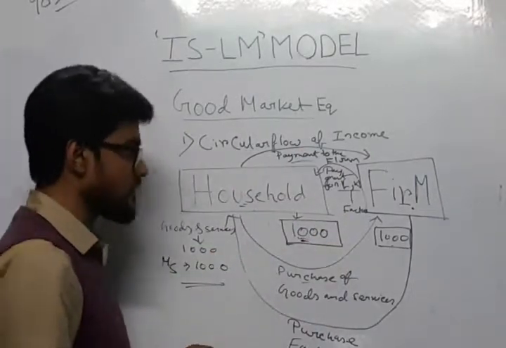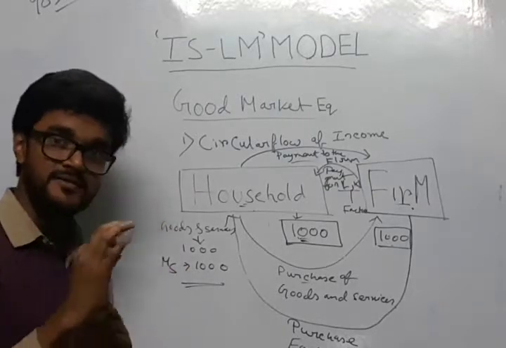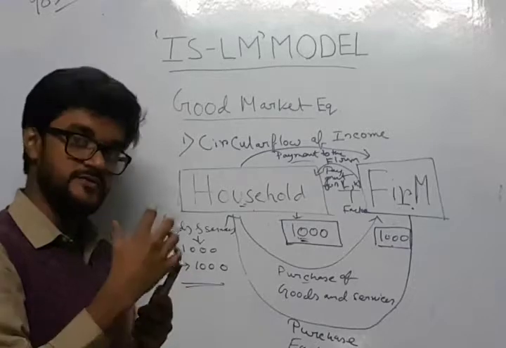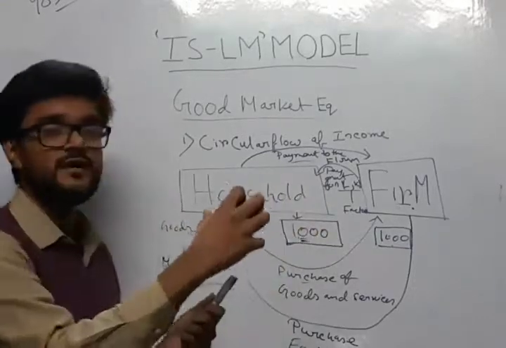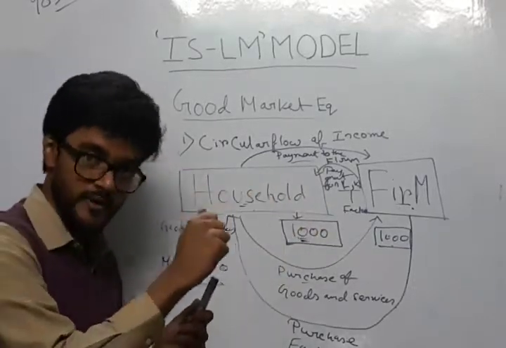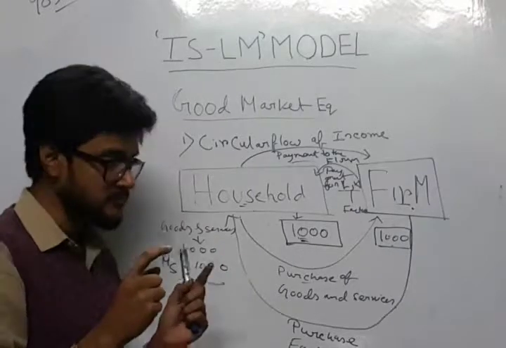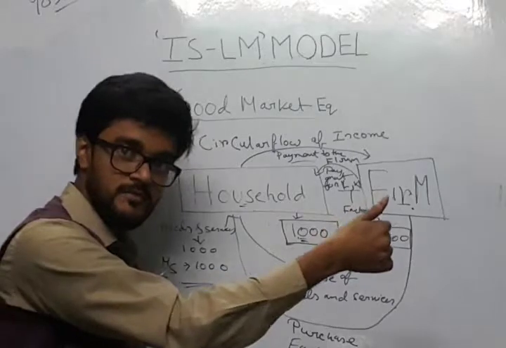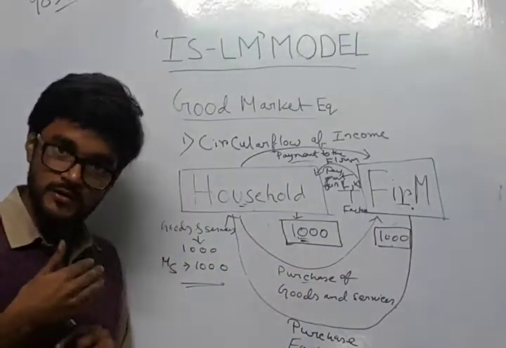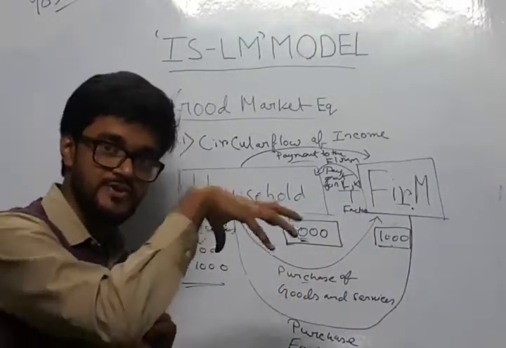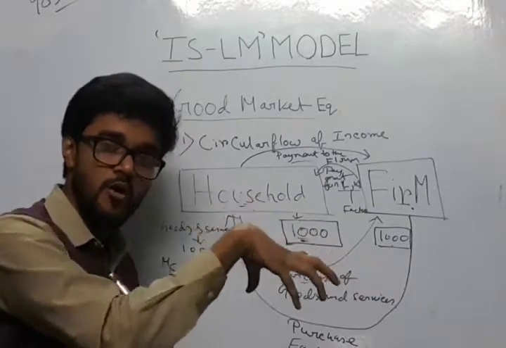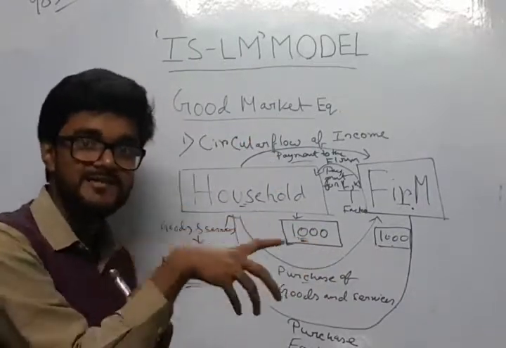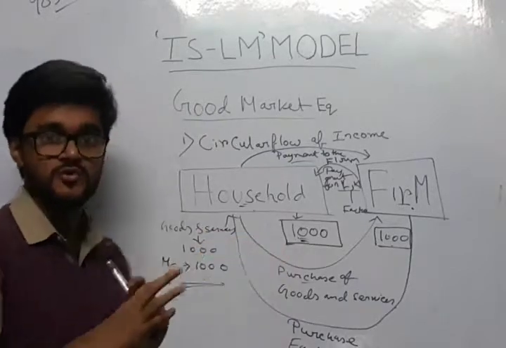Now here we'll introduce another variable or another component, which is government. In an economy, there is one firm, there is one household. Now we'll introduce another component called government, who will act as a mediator between these two.